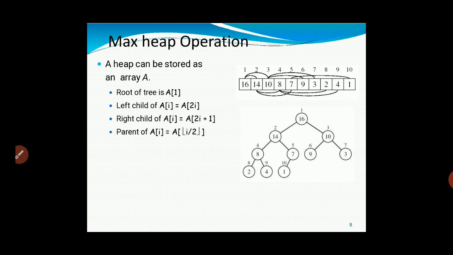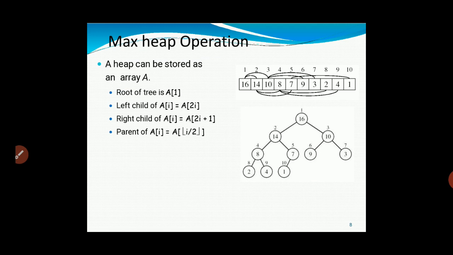Index number 6, value is 9. We have to consider finding the parent of 9. Here i is 6, and the parent is A of floor of i divided by 2.